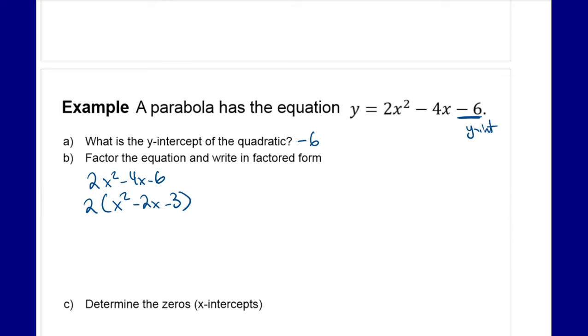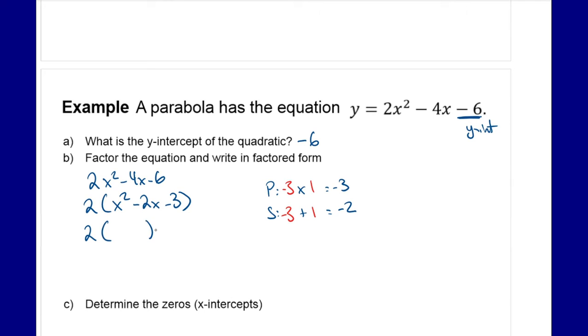So in this case, we have a simple trinomial inside the brackets. So I'm looking for two values that multiply to give me -3, but they add to give me -2. So in this case, my two values would be -3 and 1. Because -3 plus 1 is -2, and -3 times 1 is -3.